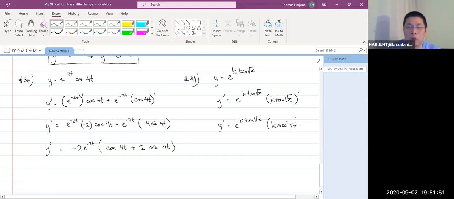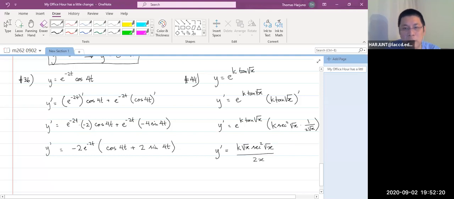The derivative of square root of x is 1 over 2 square root of x. So y prime is equal to k square root of x secant squared of square root of x over 2x.